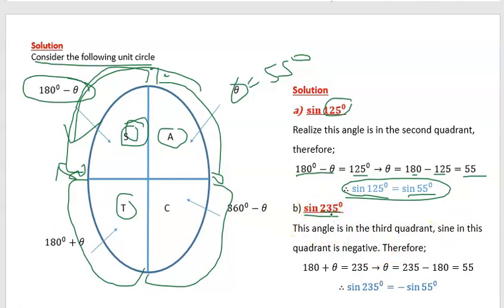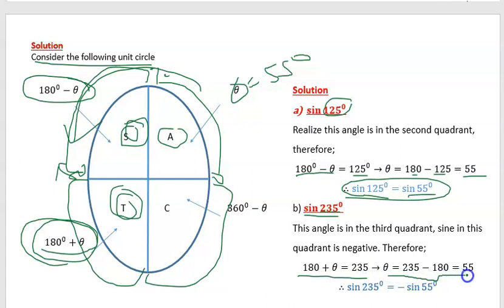235 degrees, this angle is found in the third quadrant, and in the third quadrant, the respective acute angle can be found by use of this relationship. So 180 plus theta equals 235, implying that theta equals 235 minus 180, which gives you 55 degrees.